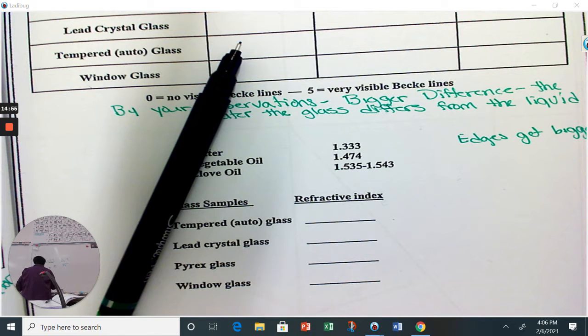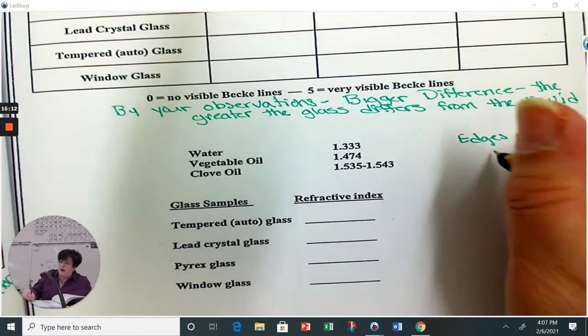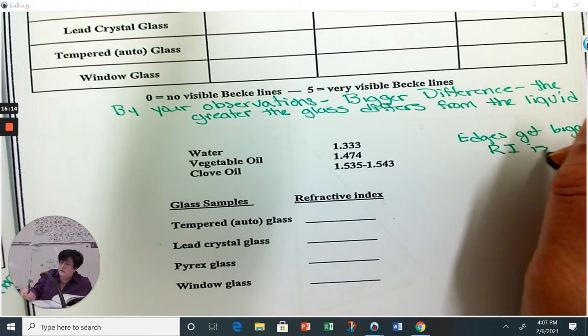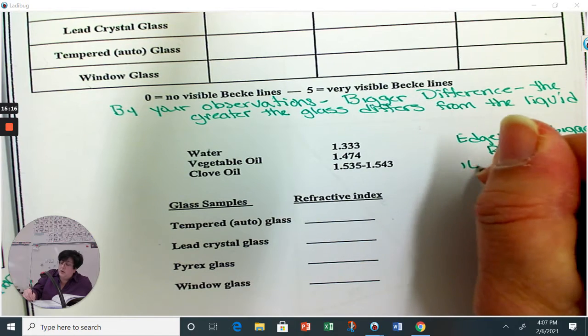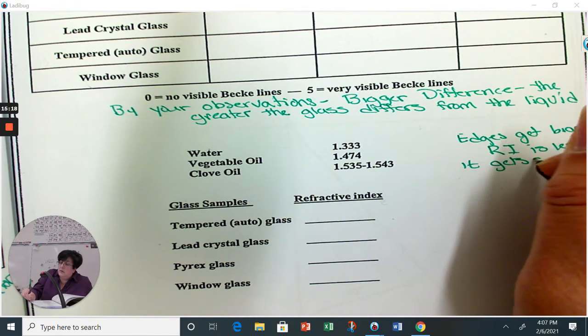Sorry, guys, it's taking me a while to look this up. I wrote it down. I even have to really think about it because it's physics, about which way it goes. I will tell you, refer to your notes, but remember, if the edges get bigger, I think your refractive index is less. If it gets sharper, it's more.